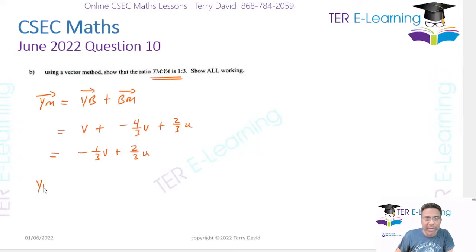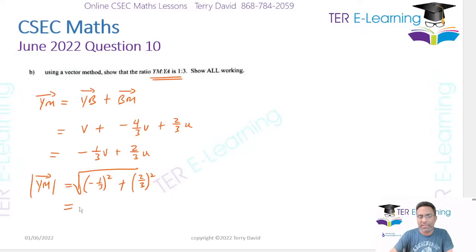So what I would do, I would find the length of YM. So that's going to be minus 1/3 squared plus 2/3 squared, and you find the square root of this. So 1/9 plus 4/9. I'm going to get the square root of 7/9.